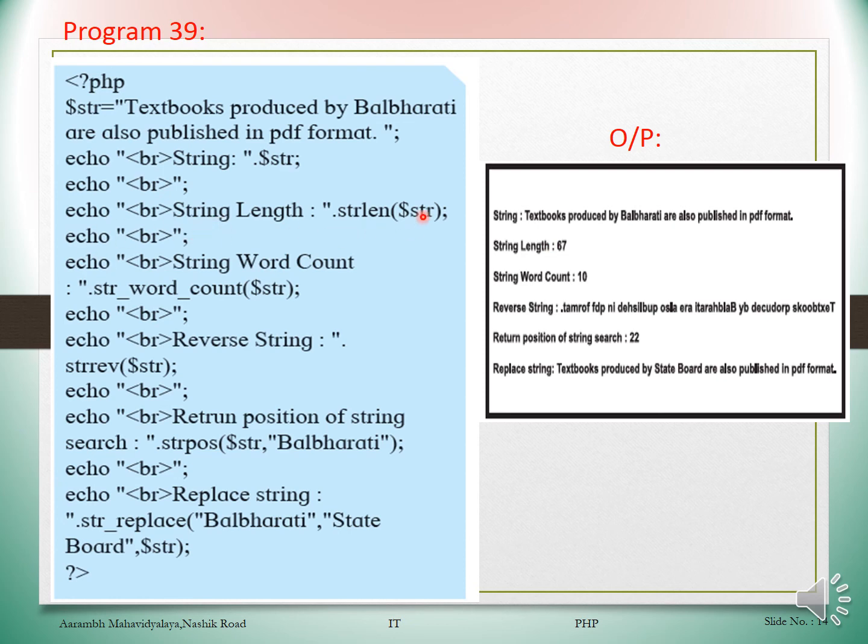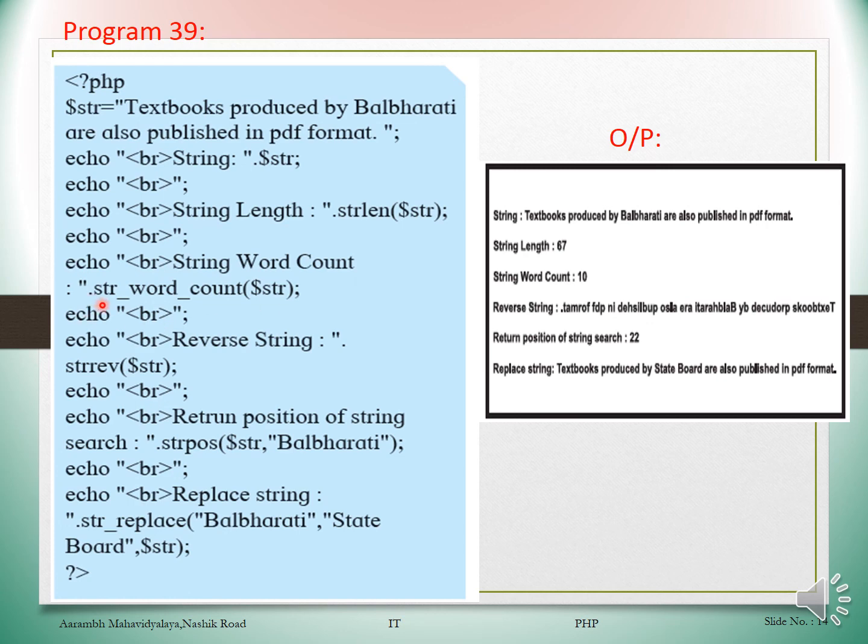Then string length is provided. The heading is given as string length, and the total length of the provided string is counted by using the strlen function. Again dot is used, dot strlen of str, and its count is 67. Next we have counted the string word count.